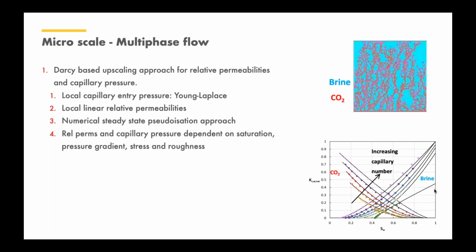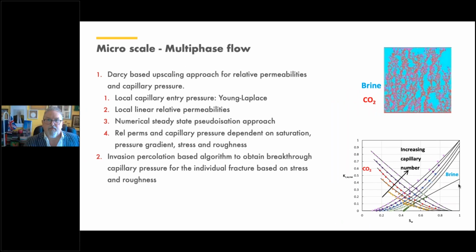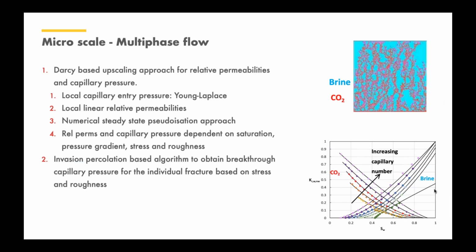So we used our approach to take the same surfaces and obtain stress-dependent relative permeabilities and capillary pressure. This is very costly, so we had to take a simplified approach, and we also developed methods to quickly assess the breakthrough capillary pressure. Next slide.